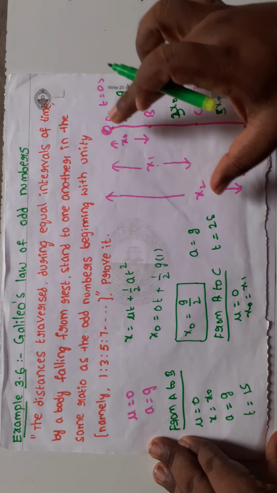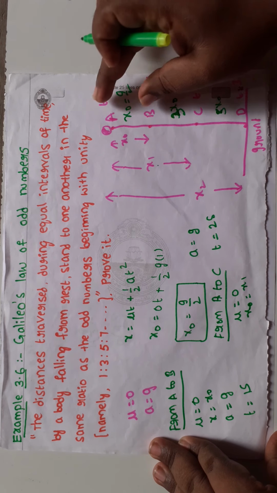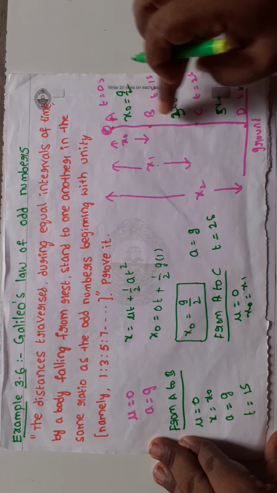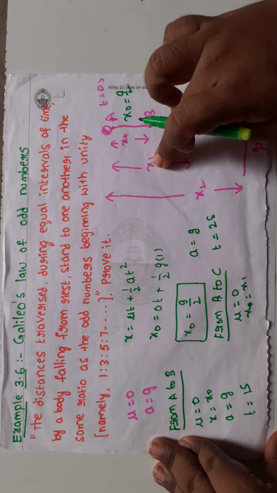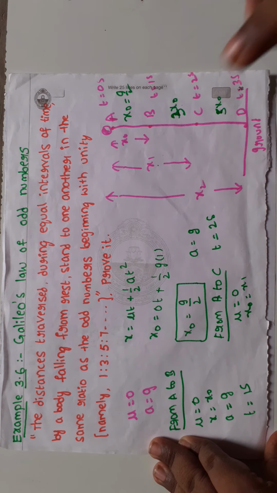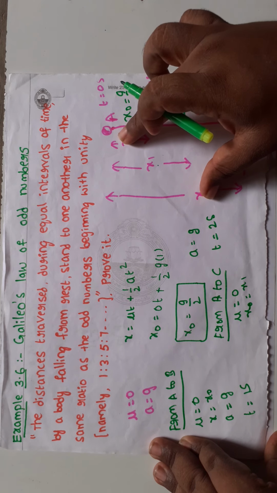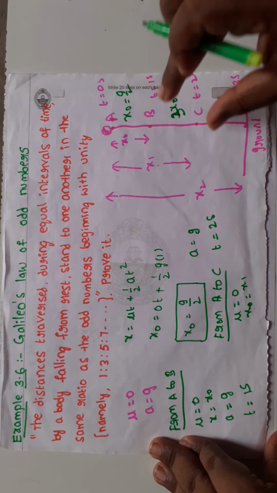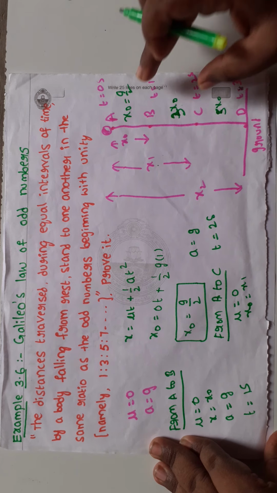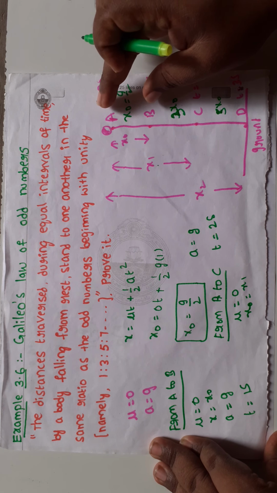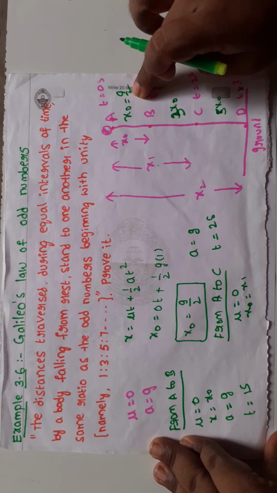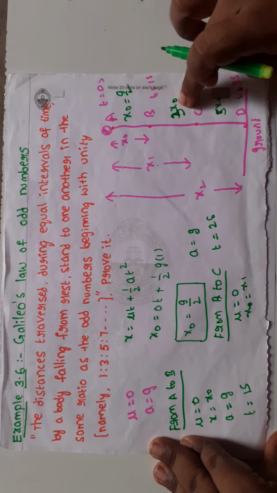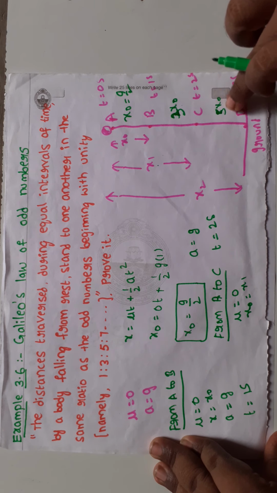First of all, we took the distance A to B as x naught, A to C as x1, A to D as x2. These are the assumed distances. But from the assumed distances, we get the actual distances: A to B is x naught, B to C is 3 x naught, C to D is 5 x naught.